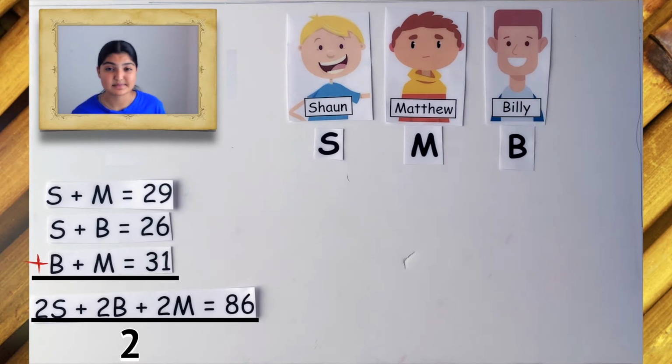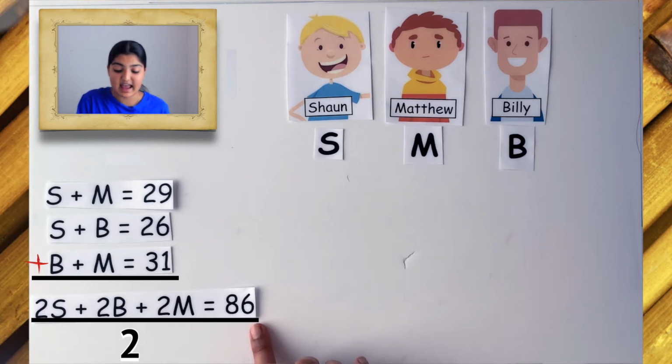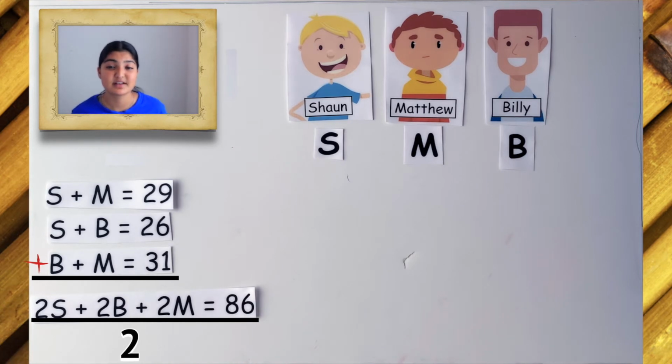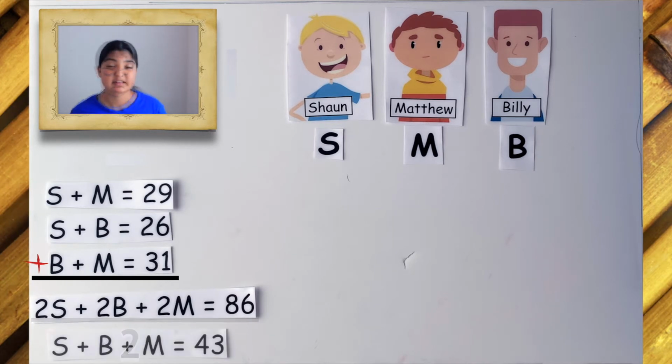And of course, since we want to divide the entire equation by 2, we would also have to divide 86 by 2, which gives us 43. So, if we divided the entire equation by 2, we would get s plus b plus m is equal to 43. So now, we know the sum of all 3 boys.